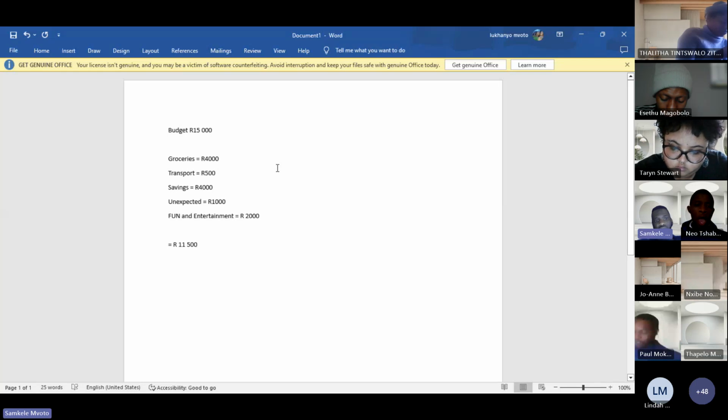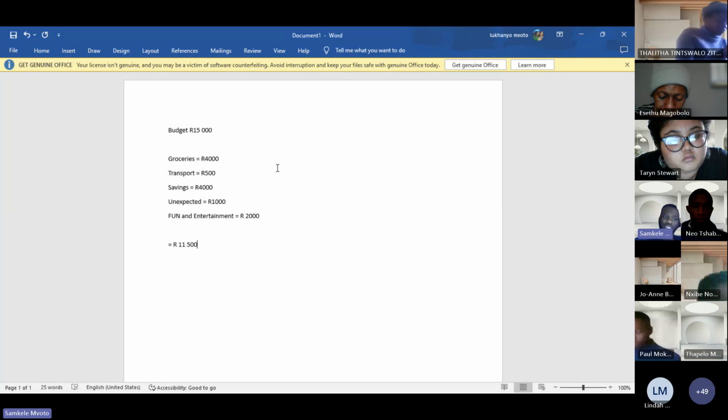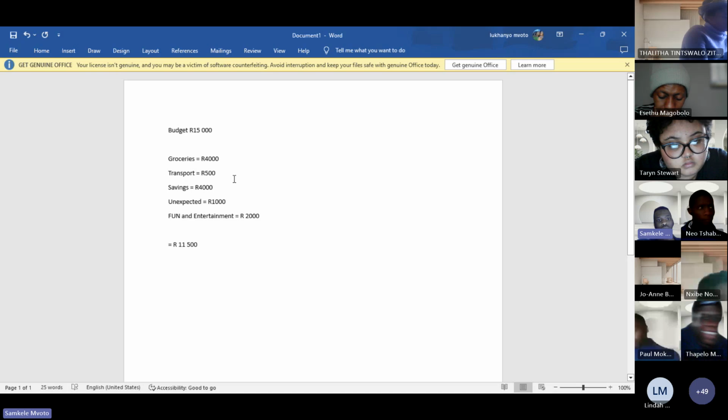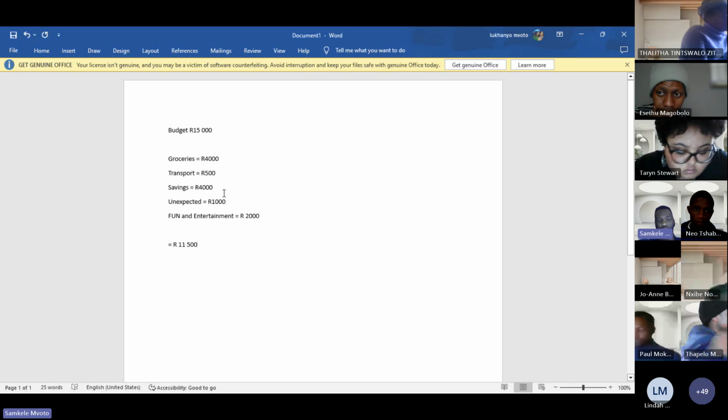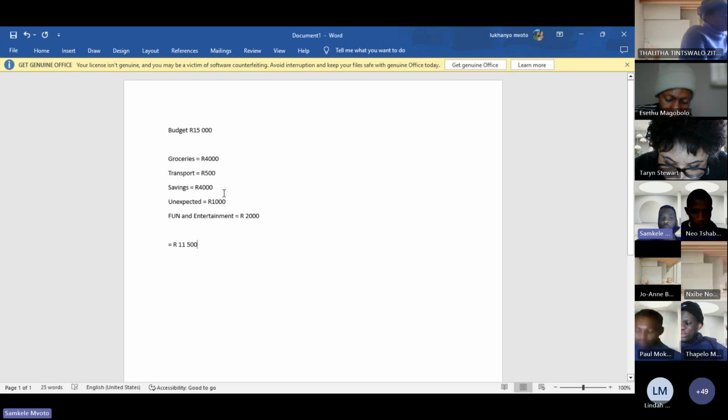Okay, I have a budget of a salary of 15,000 rand per month. Top priority, it has to be groceries. I have to eat, so that's number one. And then transport, and also emergency transport. So anything that has to do with transport, it's 500 rand. I live at home with my parents, so I don't rent, but I have 4,000 rand for savings, and then I'll have 1,000 rand saved for any unexpected expenses.